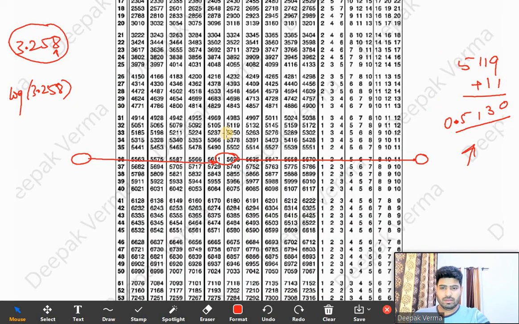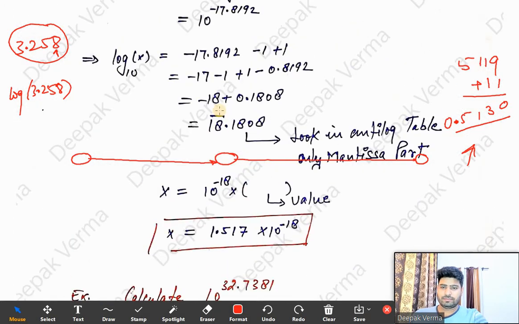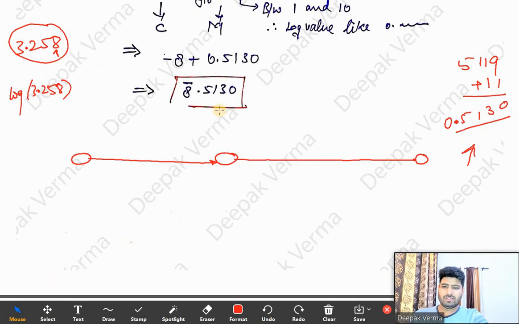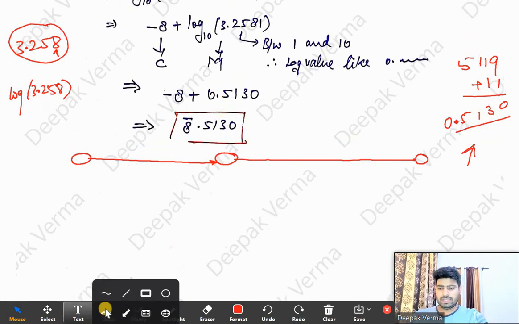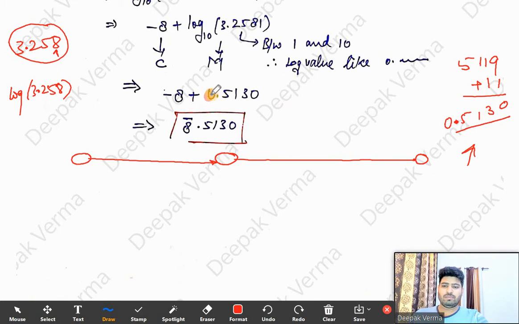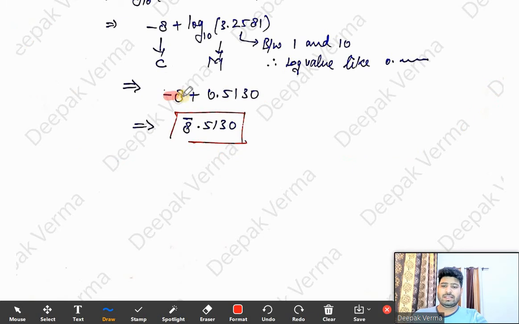Okay, so now let's go back to the question. This was our question. So you can see the value of this is 0.5130. Got it? So finally minus 8 is the characteristic, plus the mantissa part is positive.